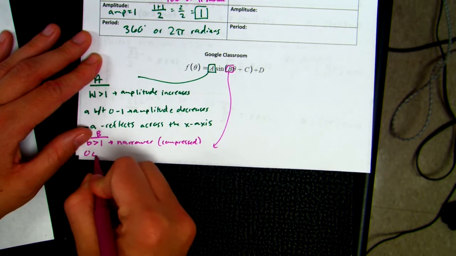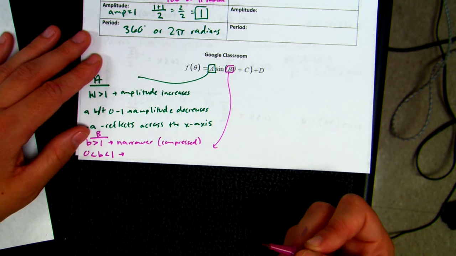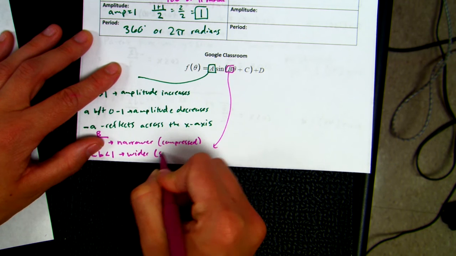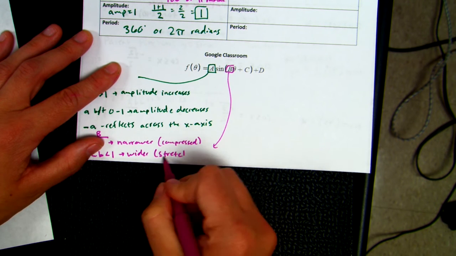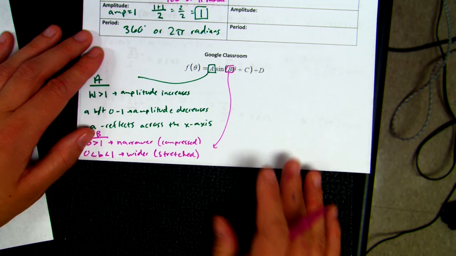If b is between 0 and 1, so again, if it is a decimal like 0.5, 0.7, 0.8, whatever, it will get wider or stretched. S-T-R-E-T-C-H-E-D, maybe? Is that how you spell the word stretched? Who's to say?